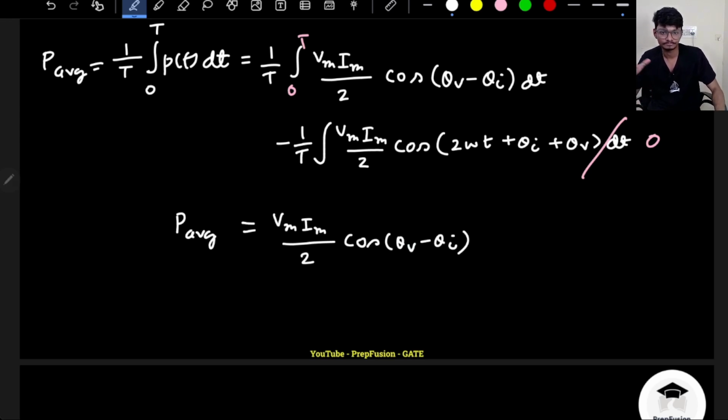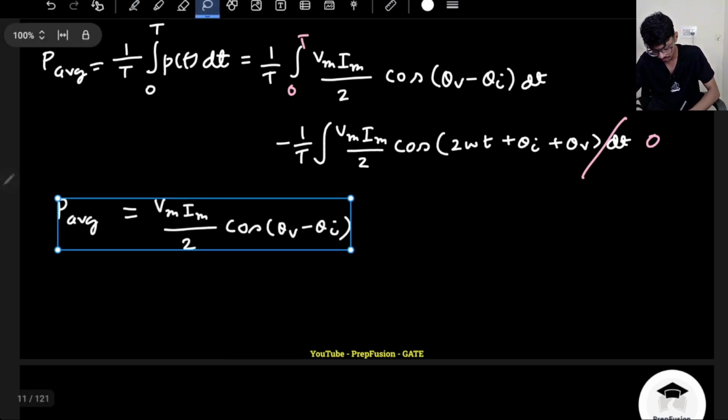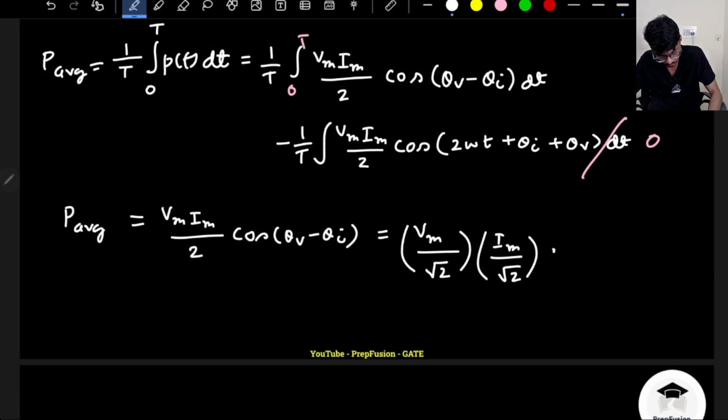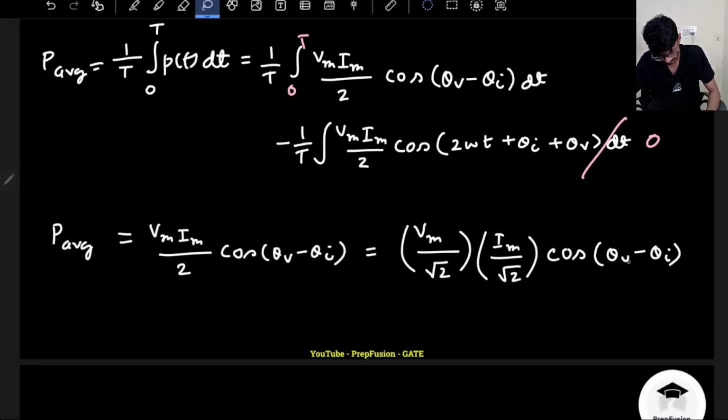Now we can further rewrite this as Vm by root 2 times Im by root 2 into cos of (theta v minus theta i). Okay, so this is my P average.